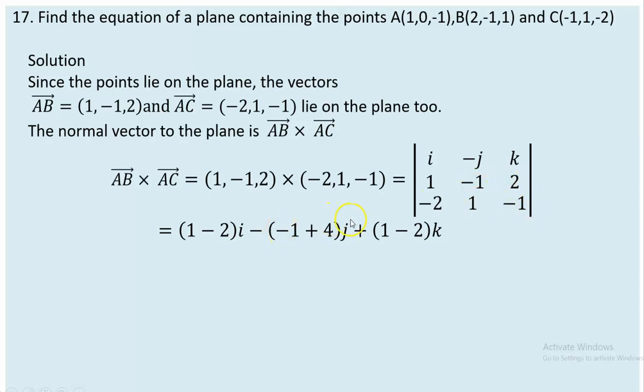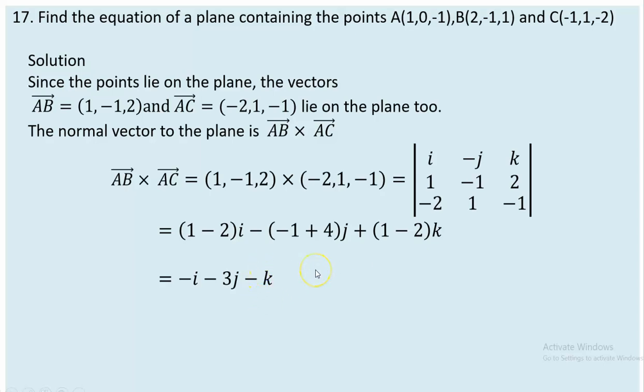And the j component is, take the minus 1 in front and then delete the first row and second column, and you will get minus 1 plus 4, because this makes minus 1 and this makes minus 4, so plus 4j. And for the last one, delete the first row and the third column, you will obtain 1 minus 2, k. So finally you will obtain this to be minus i minus 3j minus k.